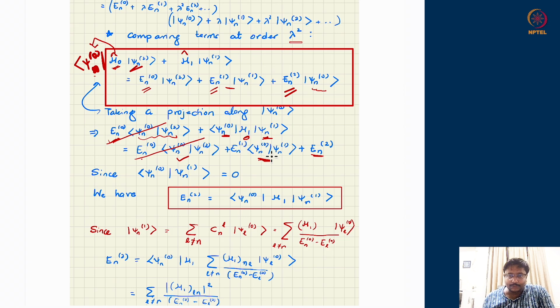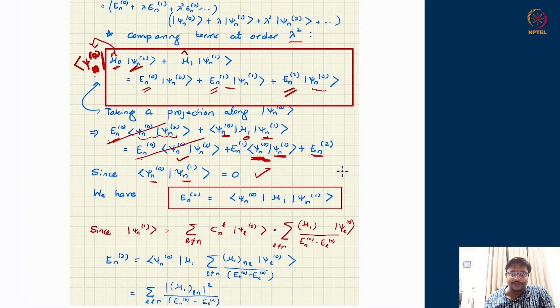The second term on the right hand side involves an inner product between the first order correction of the nth eigenfunction and the unperturbed nth eigenfunction, and we have discussed that the first order correction is orthogonal to the unperturbed eigendirection. So this is 0. The psi n1 and psi n0 are orthogonal.